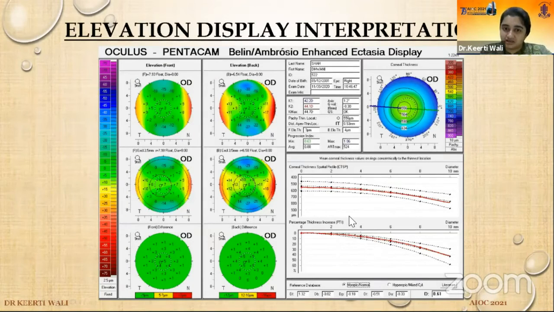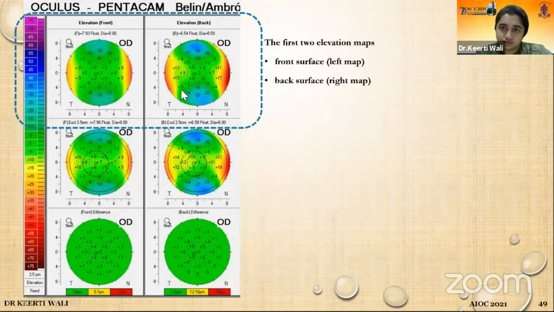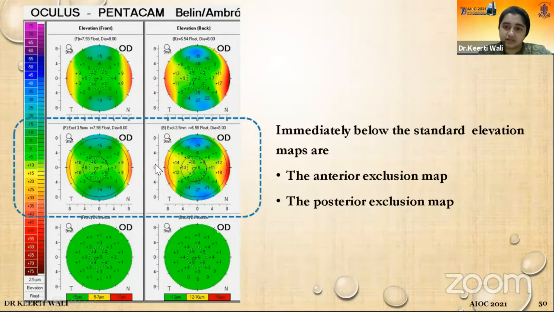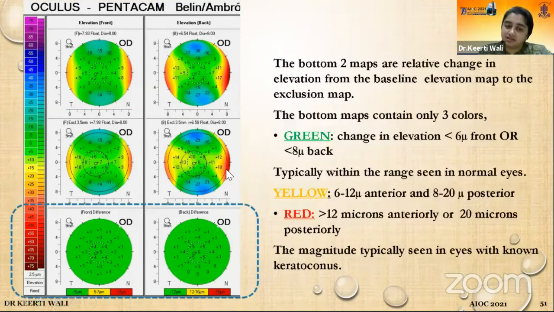It has so many components, the maps on the left side and the corneal thickness graphs on the right side. The first zone in this shows the two elevation maps, the front surface and the back surface, using the standard best fit sphere. And in the second zone, it has given the anterior exclusion map and the posterior exclusion map. The third zone has only 3 colors, green, yellow and red.